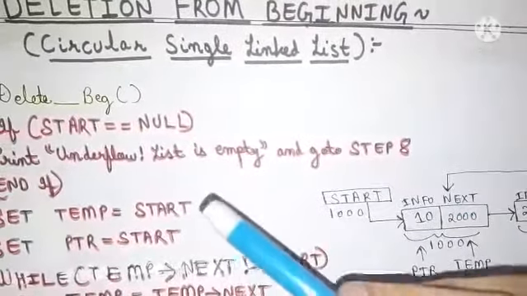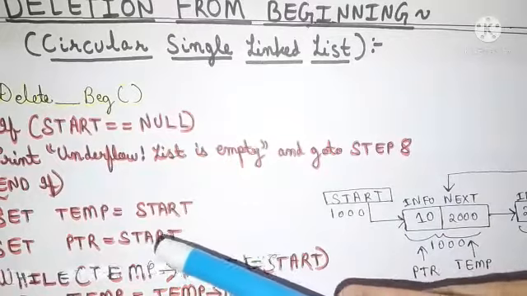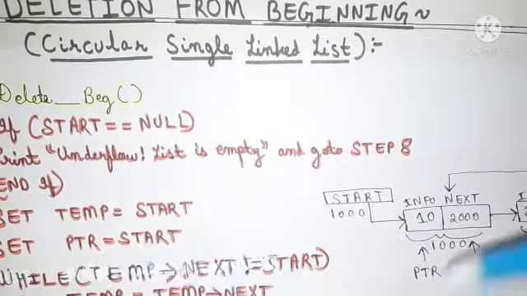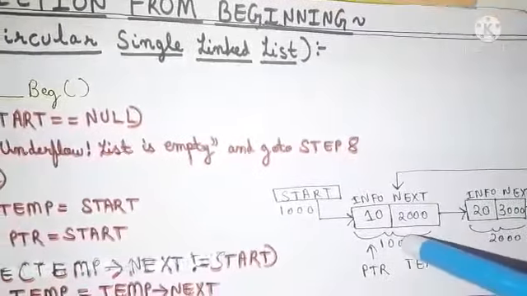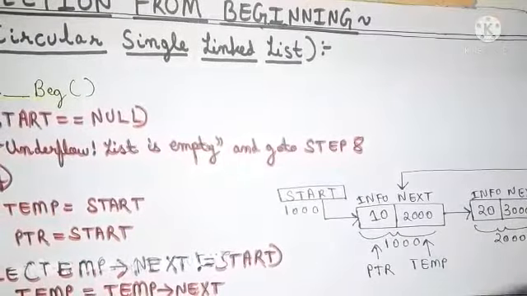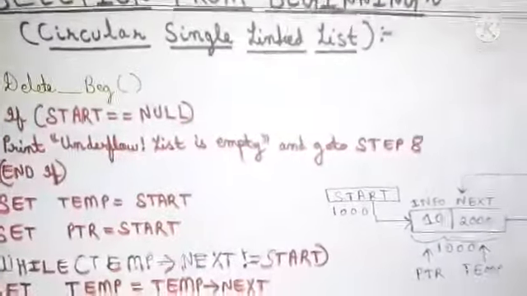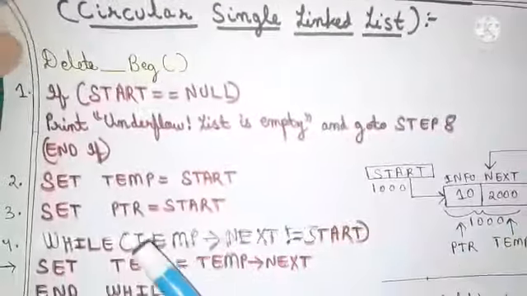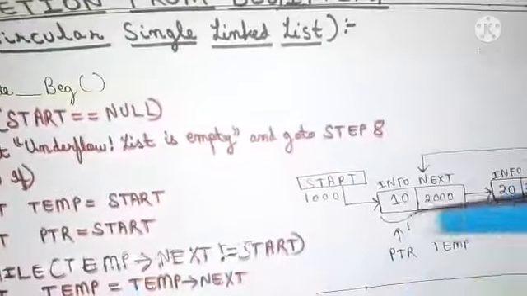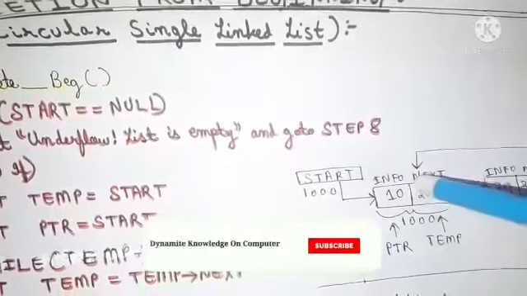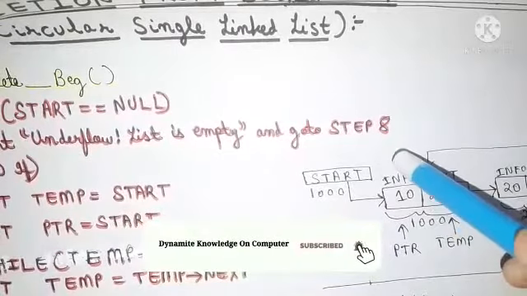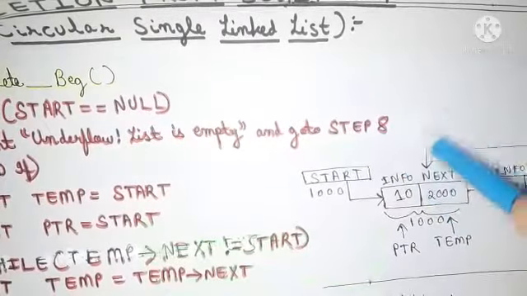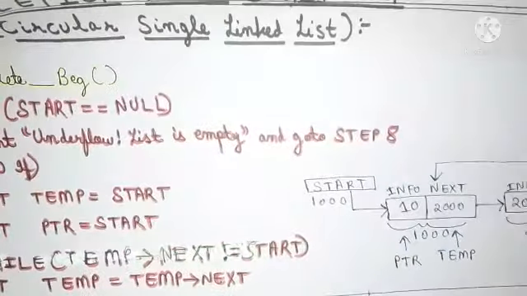Okay, then we will set ptr is equal to start. This pointer will remain constant in our first node so that it will be better to understand further. So ptr will be set at our start, that is the first node only, because we want to delete from the beginning of our circular single linked list.